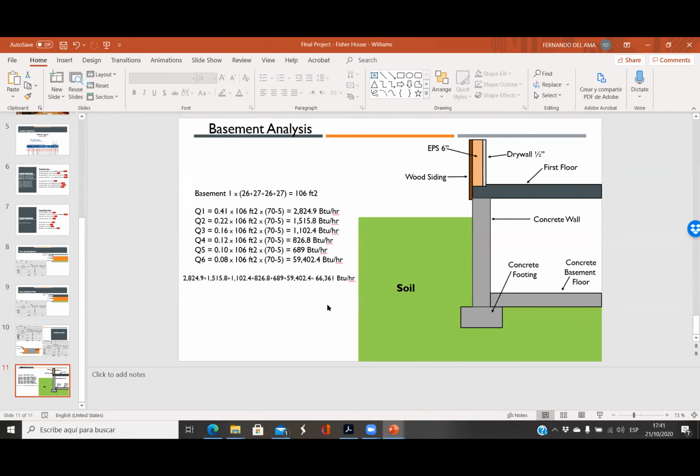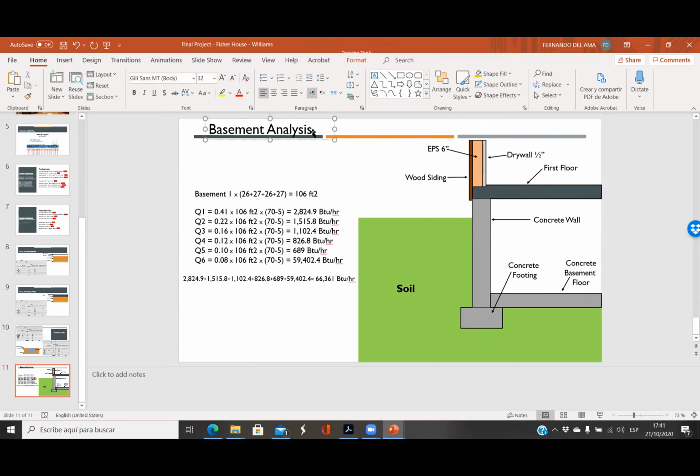Okay, and then that's great. We have the soil, and again, this is the basement analysis. This is before. Now you need to do the same with the thermal insulation, because I think those values are without thermal insulation.